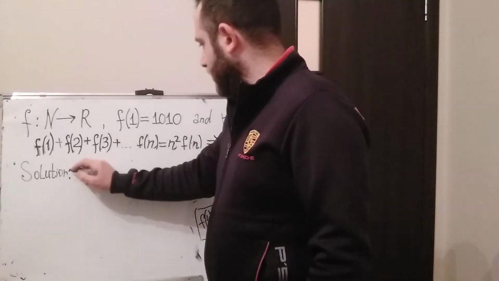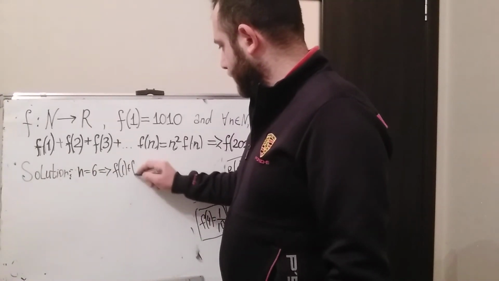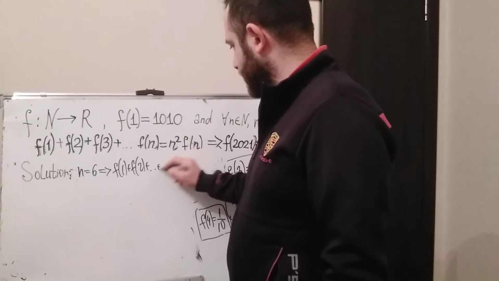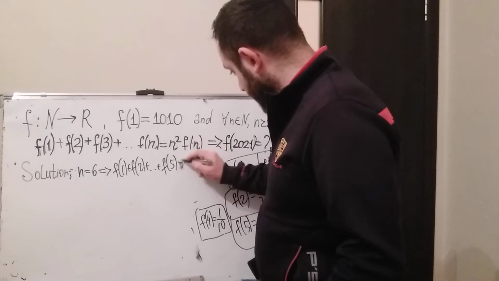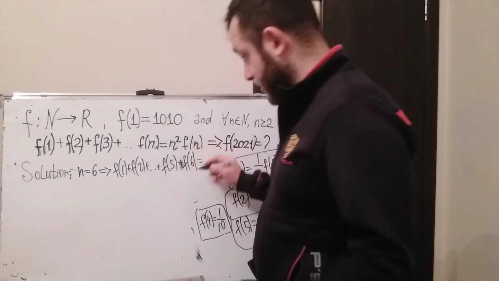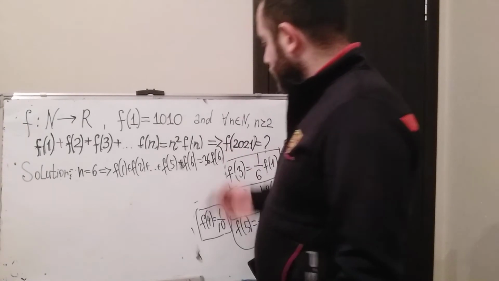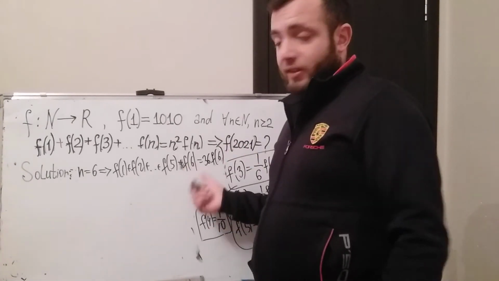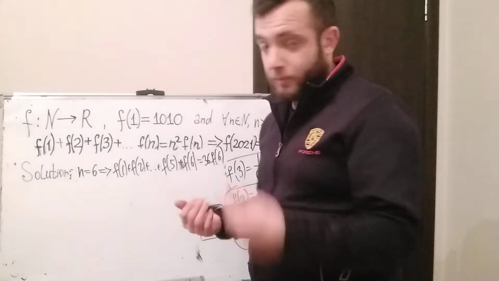So f06, if n is 6, it will be f01, f2, up to f5, plus f6, equal to n6, 36 f06. So 1 here, 36 here. It means 35, because it will come here and we just subtract one value.